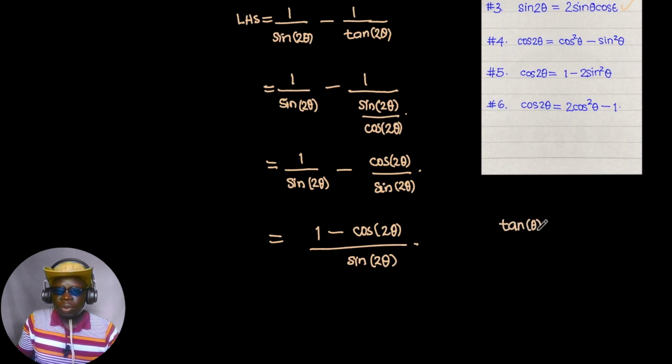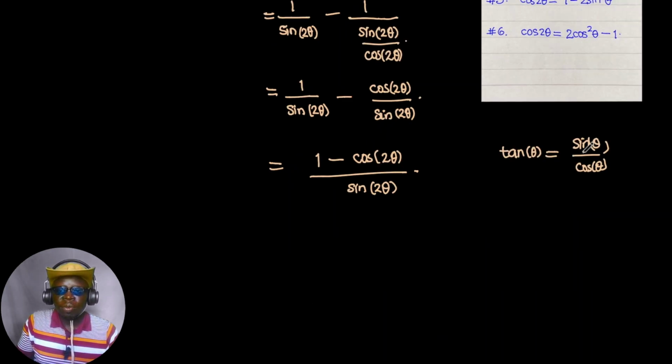Since we know that tan theta is sine theta over cos theta, we need sine to be in the numerator and cosine in the denominator. So what do we do in order for us to get this? Before we do that, we first need to replace this by the expression I've just marked here, in order for us to see that it is in terms of sine and cos, but we need only cos to remain in the denominator. So let's move on and do that.